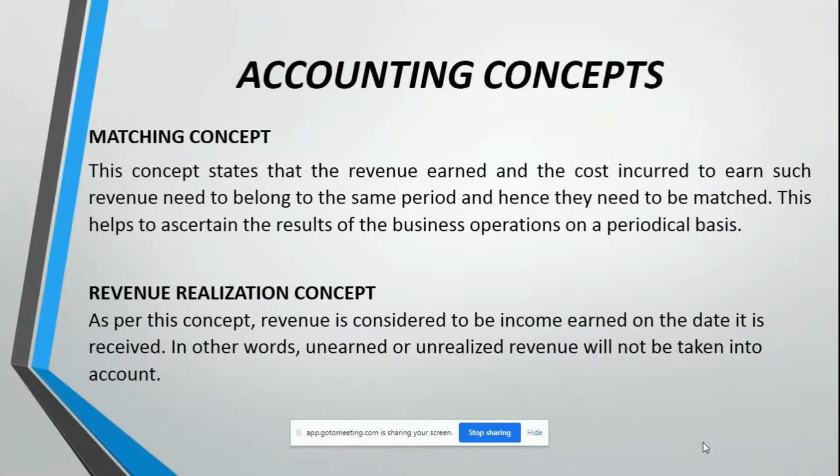But what the realization concept says is there is no place for the outstandings, rather receivables or payables. Whatever income is actually received or expenses actually paid, only they find a place in the company's books of accounts. Receivables, payables, any kind of outstandings don't find a place in the company's books.